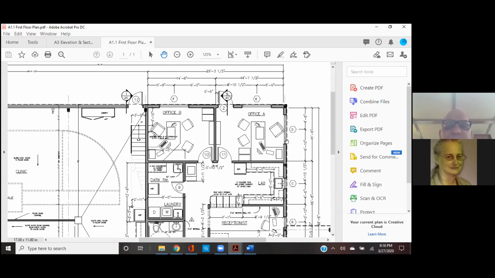So 14.8. 8 over 12 is, I don't remember. 12 is 4, 6, 2/3. 3 into 2 goes 0.667.